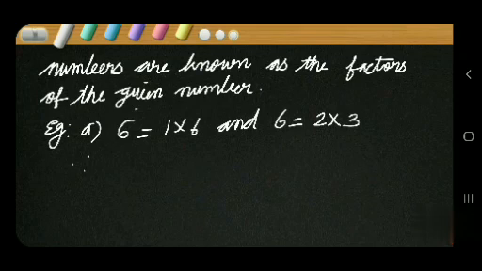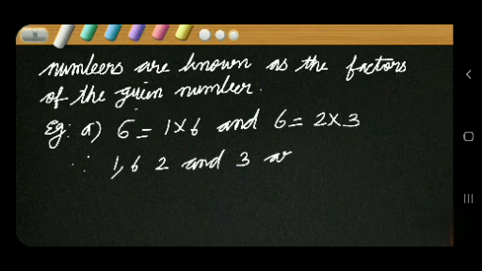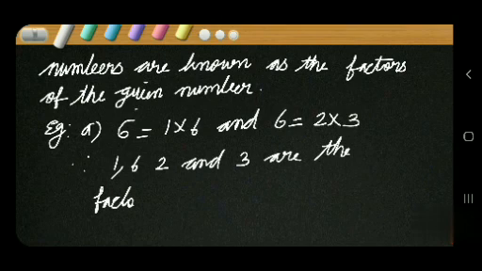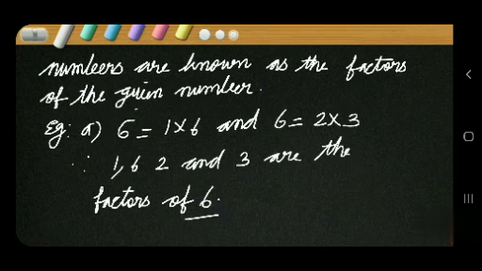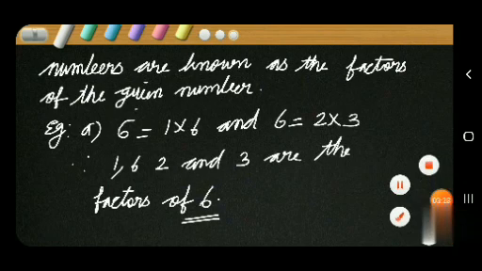Therefore, which are the factors of 6? 1, 6, 2 and 3 are the factors of 6, isn't it? Therefore, 1, 6, 2 and 3 are the factors of 6.